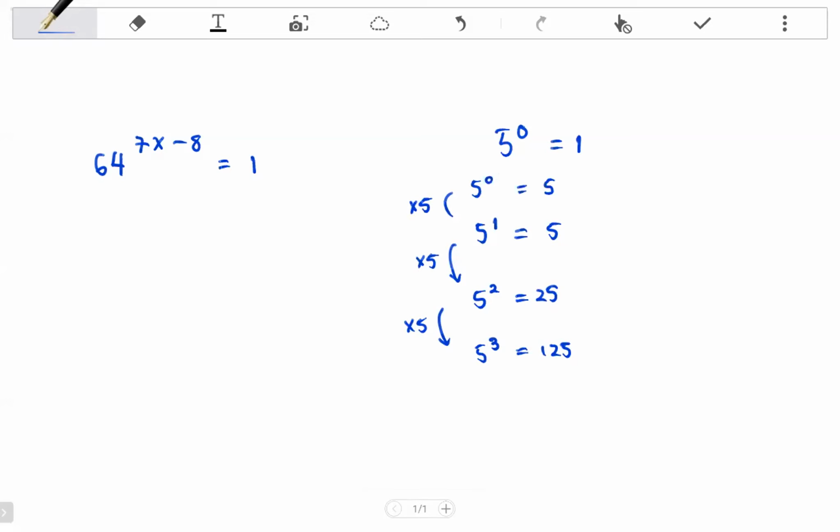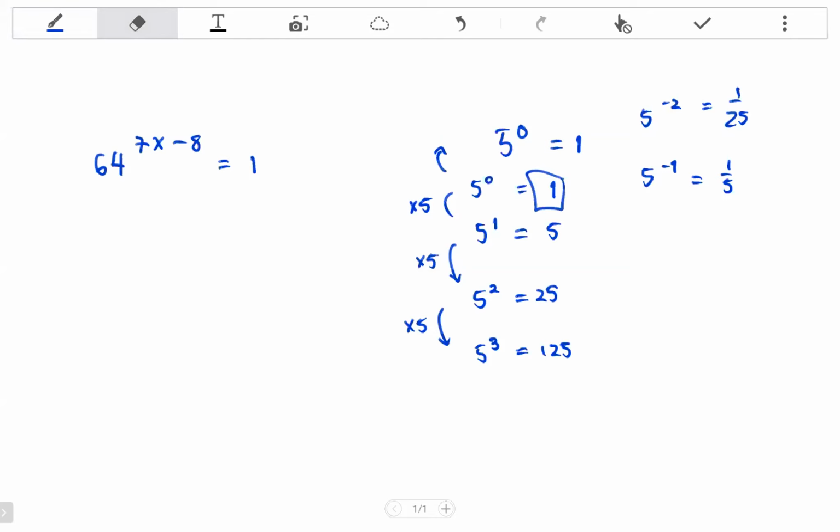So if we want to go the opposite way around, we divide by 5. So this should be 1, which is why if I rewrite this here, 5 to the negative 1, 5 to the negative 2. If we still go that way, we're dividing by 5 again. We divide by 5 again. We see here that 5 to the 0th is 1.